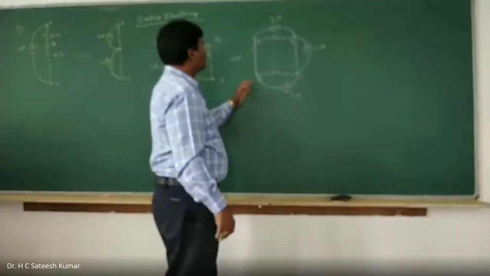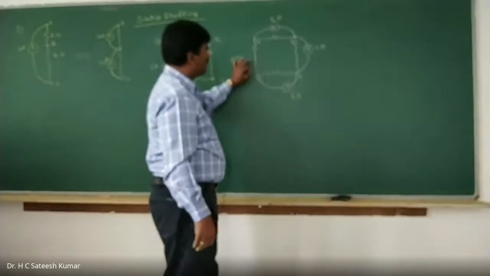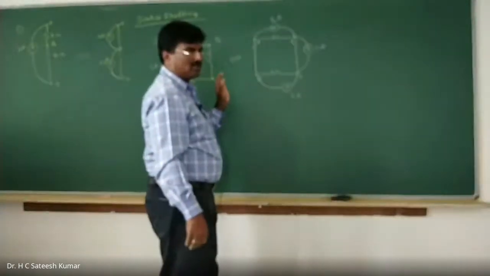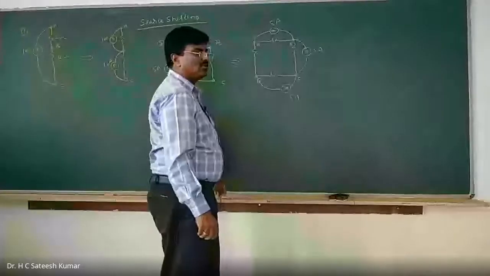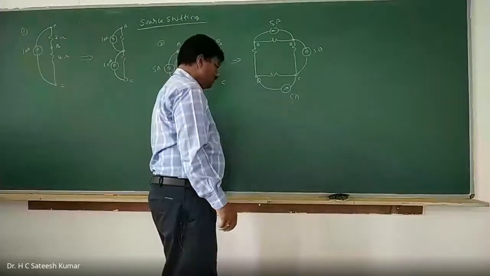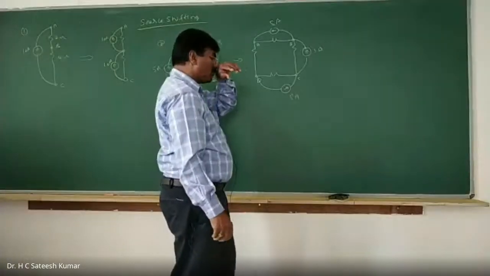Don't worry where it is leaving, it is leaving, that's all. KCL states only that in any junction, the algebraic sum of current leaving is equal to entering. To where it is leaving, we don't know, and we are not bothered about that.